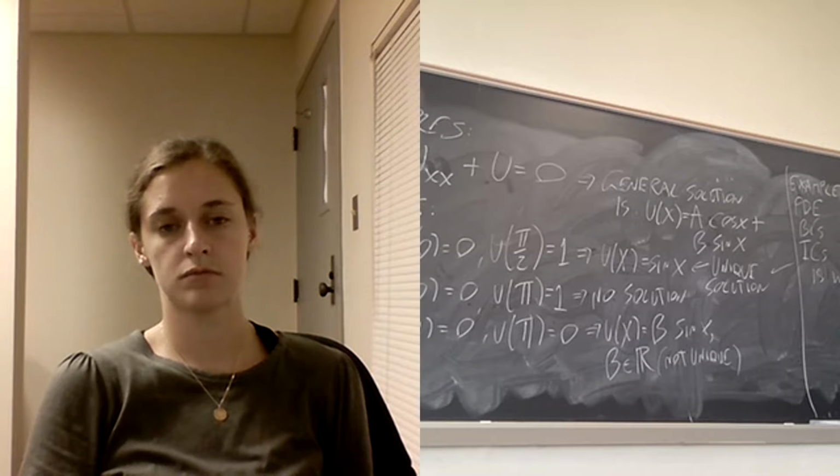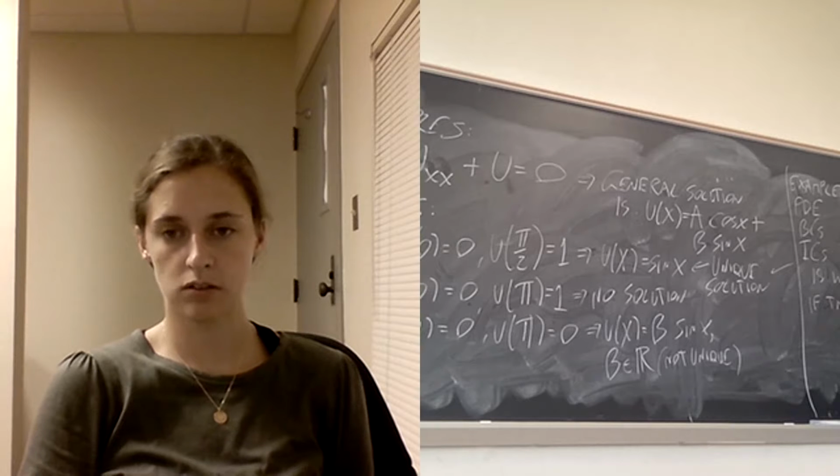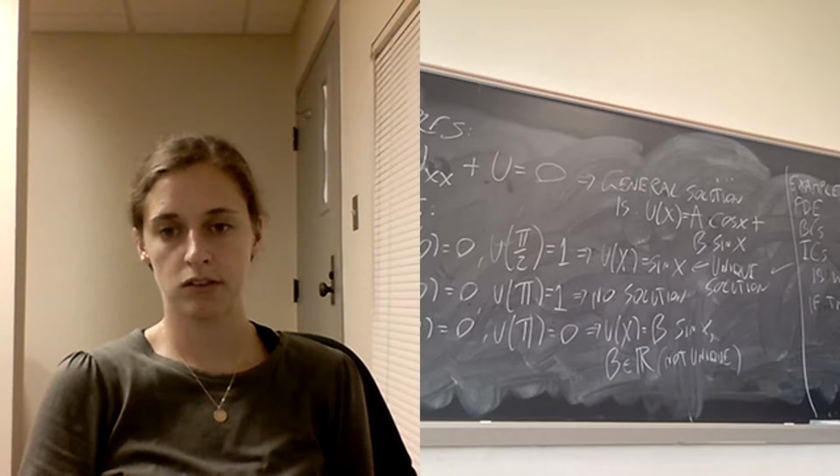But suppose I change the PDE, just the PDE. u_t is equal to minus u_xx. And that is known as the backward heat equation.